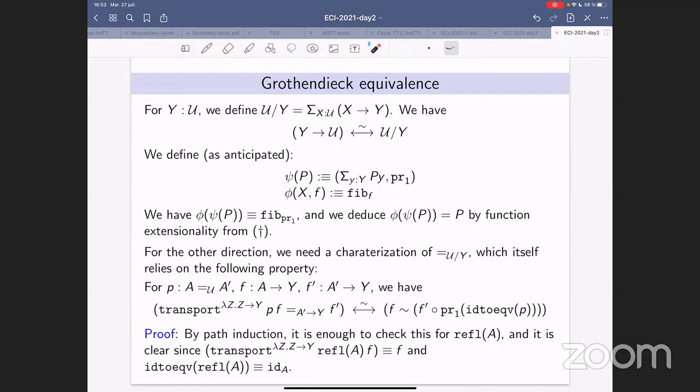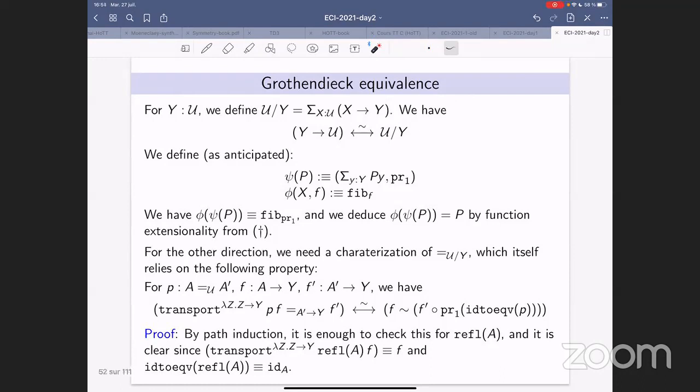This is often called, the symbol comes from category theory, the slice category. In the slice category, you fix a codomain and you let the domain vary.